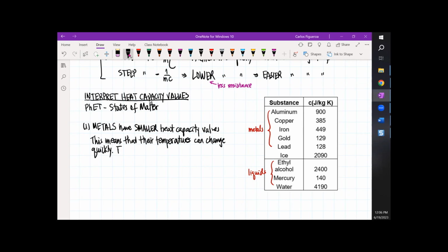For example, place a metal rod in a fire, and one feels the heat, or feels the hotness, almost immediately.